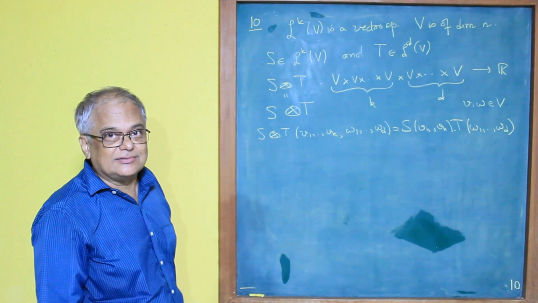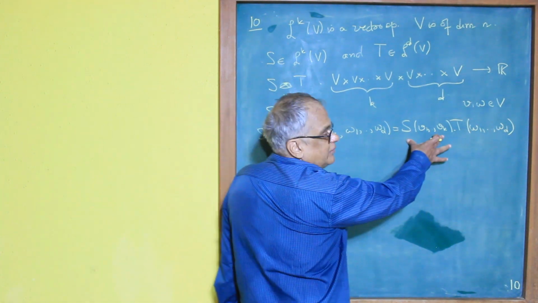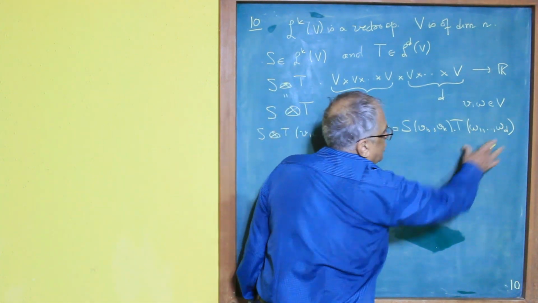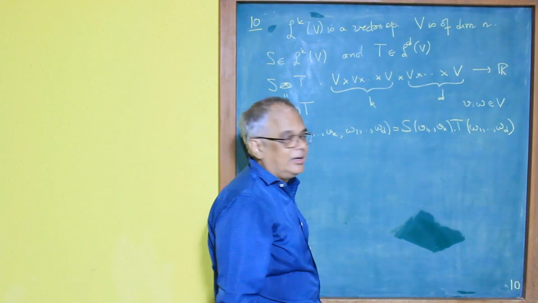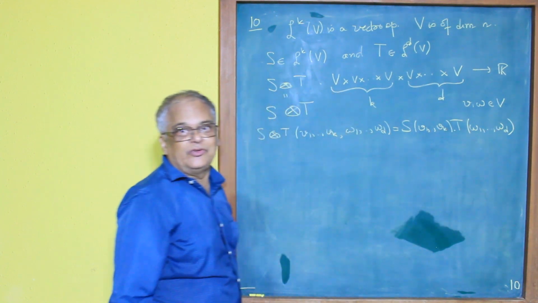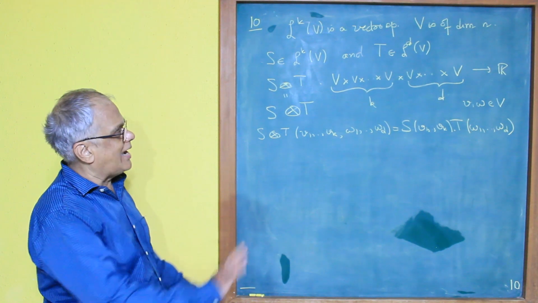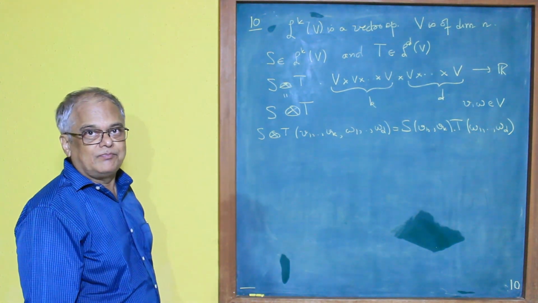This quantity makes sense because S of V1 to Vk is a real number, T of W1 to Wd is a real number, and I'm multiplying these two real numbers here. So this quantity as it is makes sense.